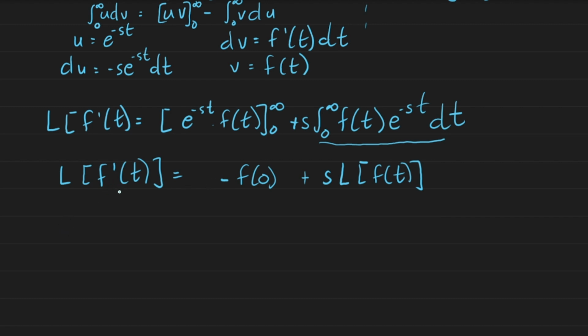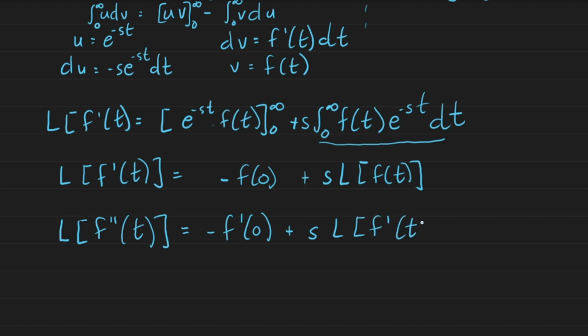The second derivative is just the derivative of the first derivative, and if we were to put that in, we have the Laplace transform of the second derivative of t. Now, instead of f of 0, it becomes f prime 0, plus s times the Laplace transform of f prime t. And the Laplace transform of f prime t is what we had already shown here, so we can put this in here.